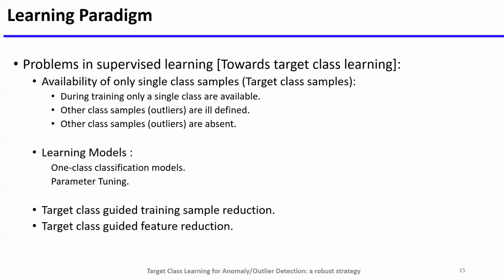In this tutorial, we are focusing on some specific conditions of these learning paradigms. First is when we are dealing with the availability of only single class samples. That is very likely, for example, because data for most normal or healthy cases can be easily available.